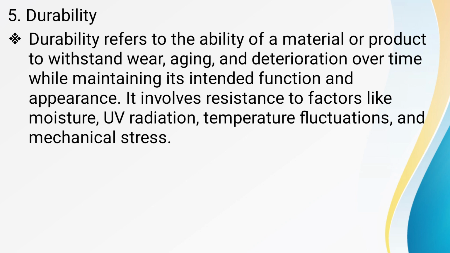Here, when we are selecting materials for places such as in an industrial setting, they will require resistance to chemicals and acids. Then we also have the aspect of decay resistance, whereby materials used outdoors or in damp environments need to resist decay, such as rot in wood or even rust in metals.